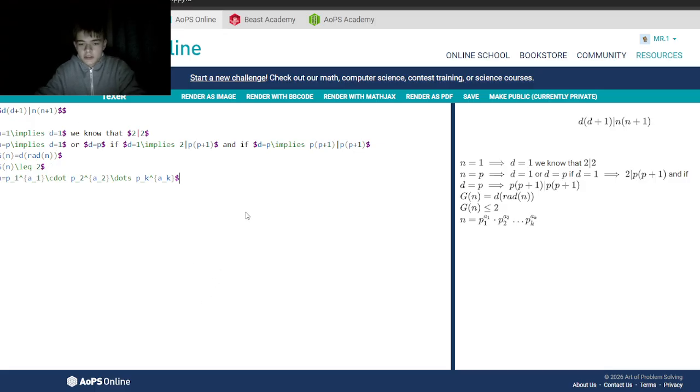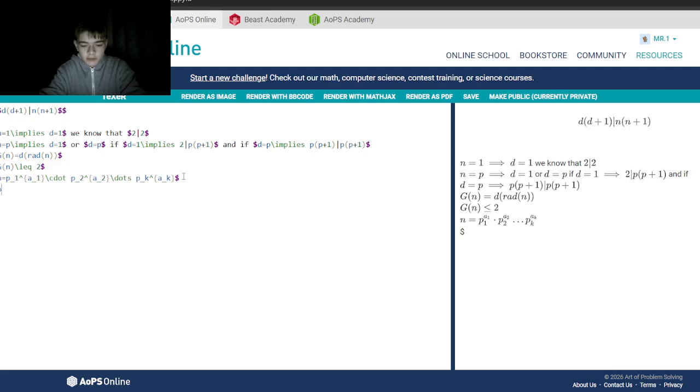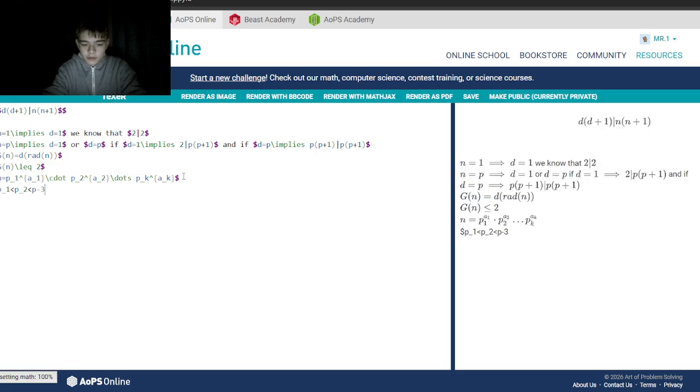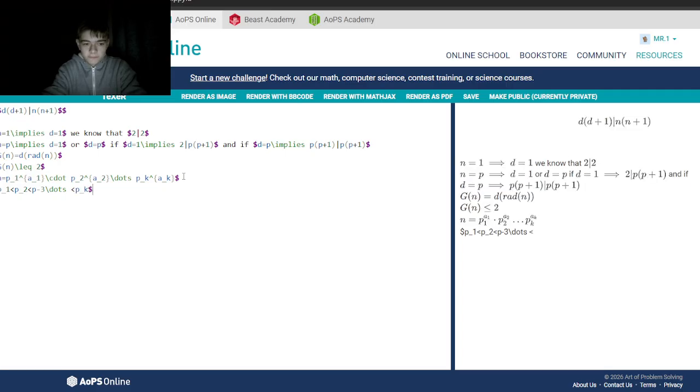Let's say that n is equal to this right here, and these primes are such that p1 is less than p2, which is less than p3, and so on, and this is less than pk.